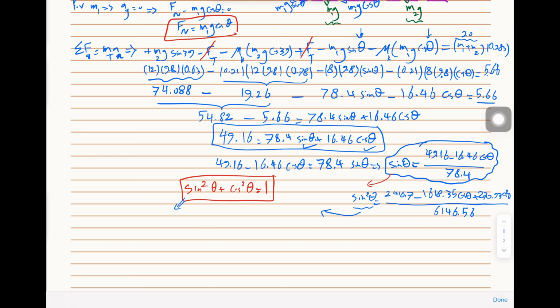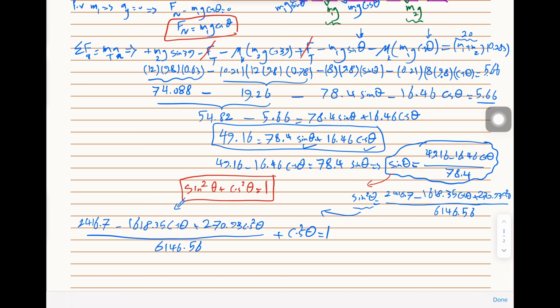So I have 2416.7 minus cosine theta plus 270.93 cosine squared theta divided by 6146.56 plus cosine squared theta is 1. That's it.